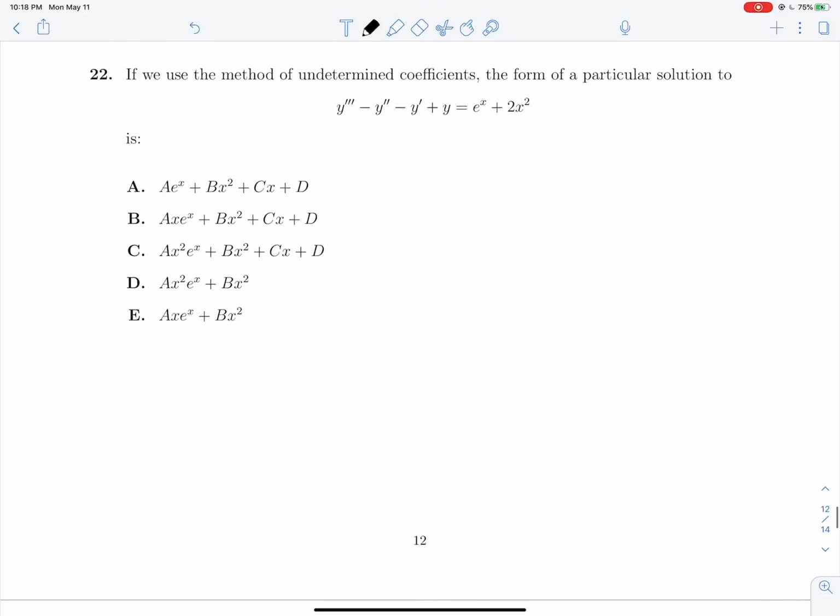Whatever, doesn't matter. 22. If we're using undetermined coefficients to find a particular solution here, what form will it have? Let's find the two things that we always go for here. y_pg, our guess for y particular as a function of x. So this is what we would like our guess for y particular to be if we didn't have any overlap with our characteristic solution.